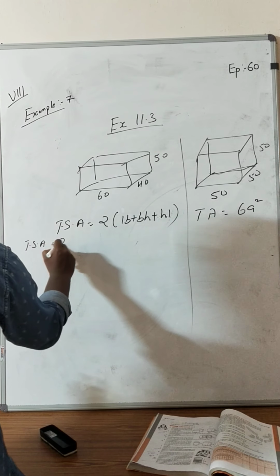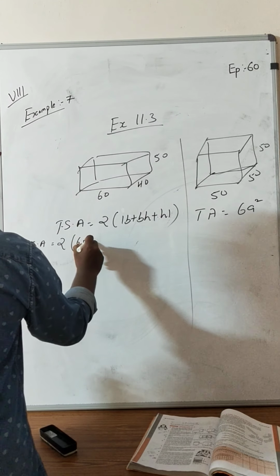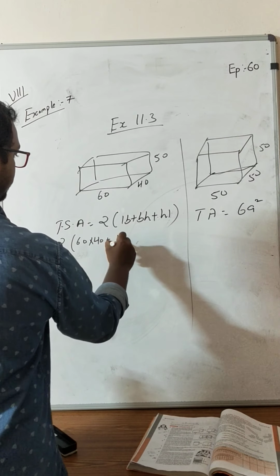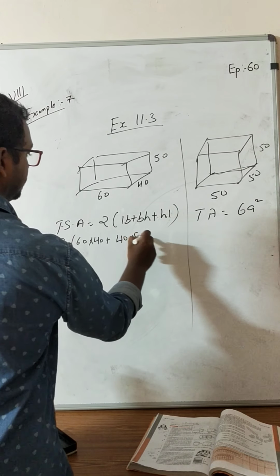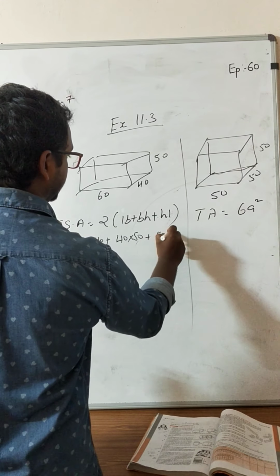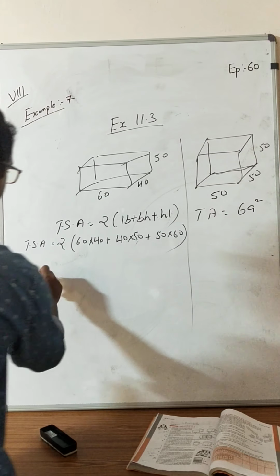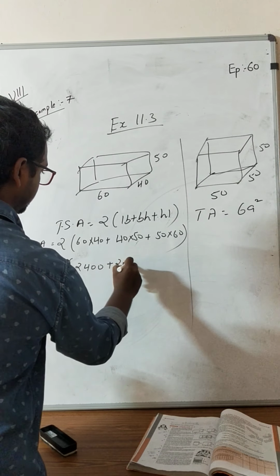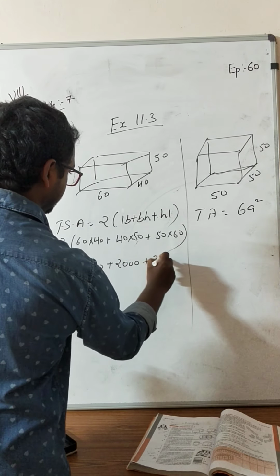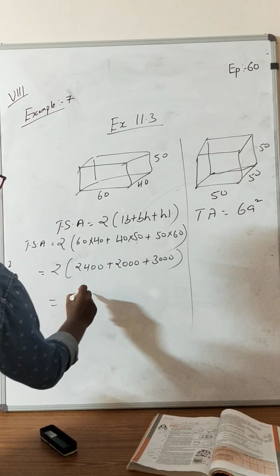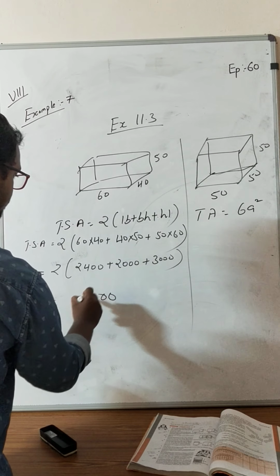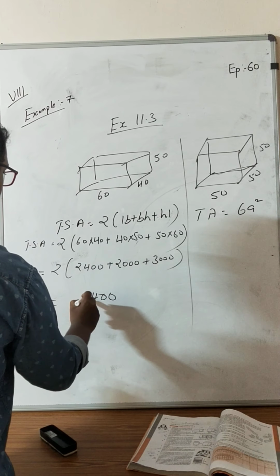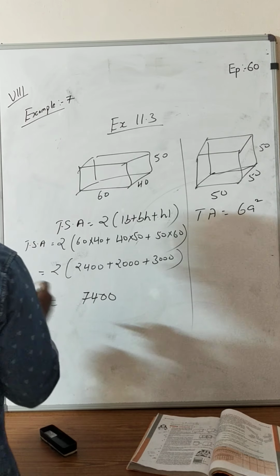TSA is equal to 2 (L is 60, breadth is 40, plus breadth 40 into height 50, plus height 50 into length 60). So if we solve, 2400 plus 2000 plus 3000, and we will get 7400 into 2.